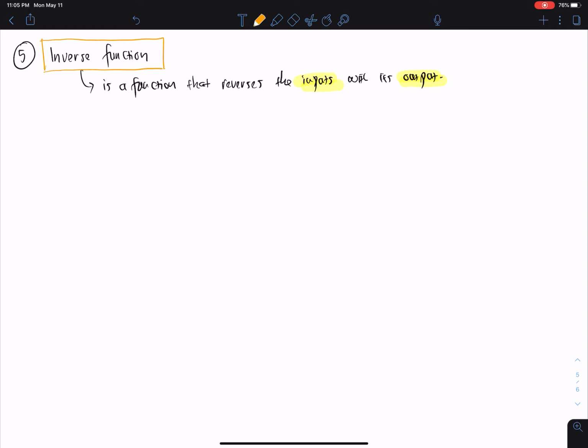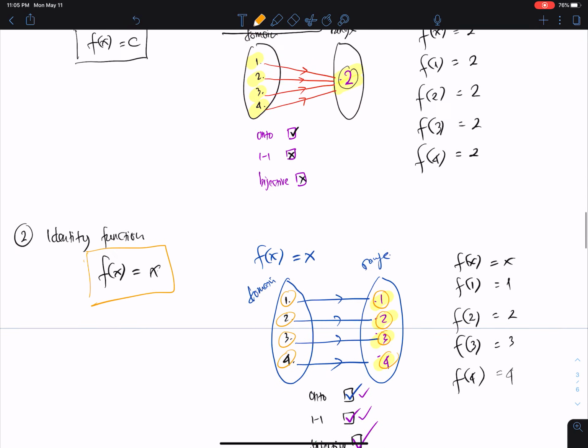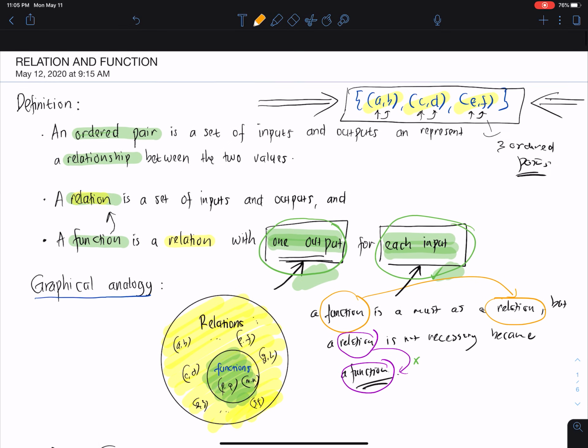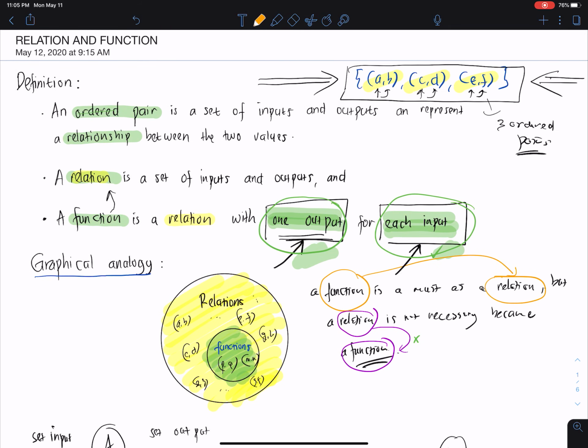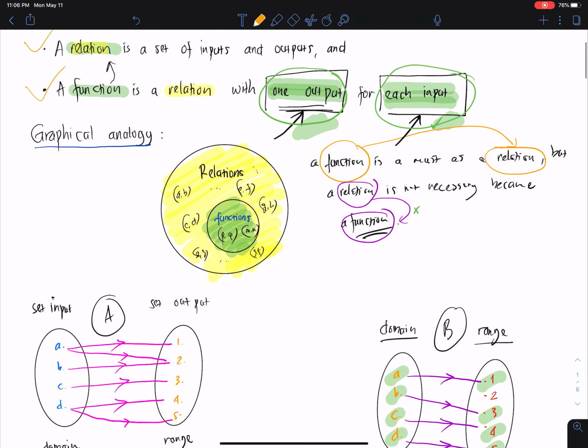Okay, so as we already discussed relations and functions from the beginning, let me just scroll. We already discussed ordered pairs, and then the set of ordered pairs becomes a relation, and there are many types of relation, and one of the types is a function, as we already have the graphical representations here.